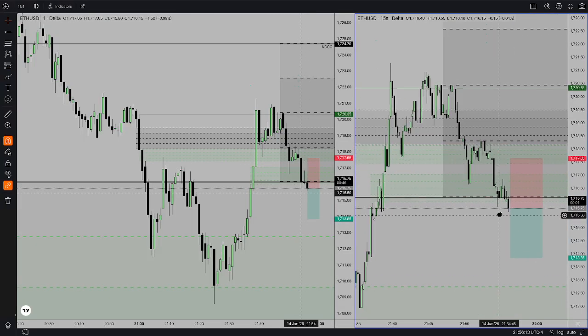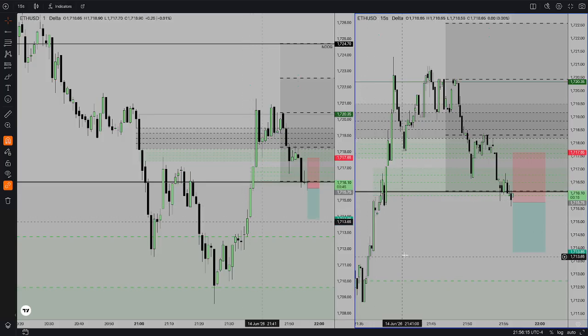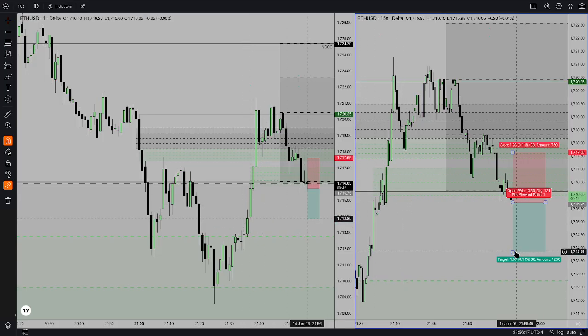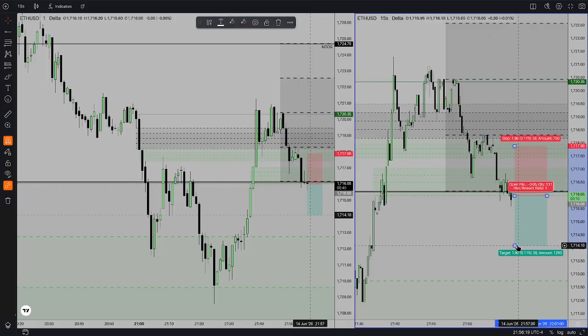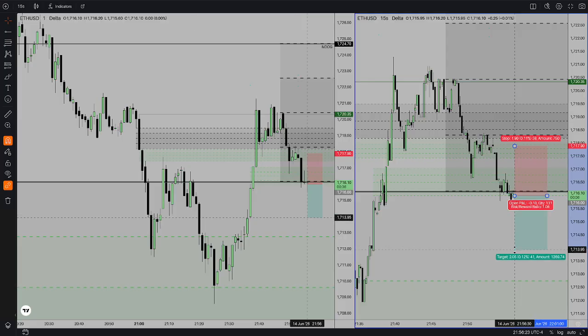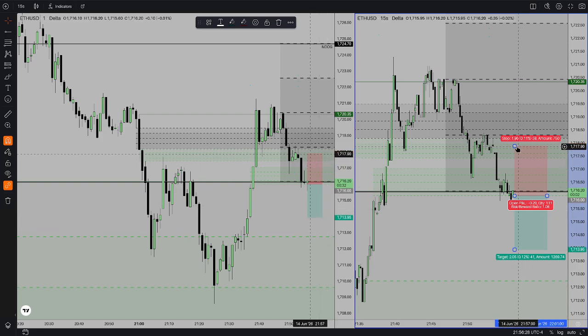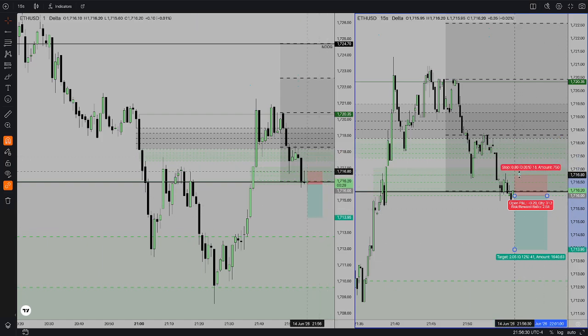I want to see how it reacts and moves down towards this particular BC, the volume imbalance. Stop loss just here. If I lose this stop loss, I'm out.